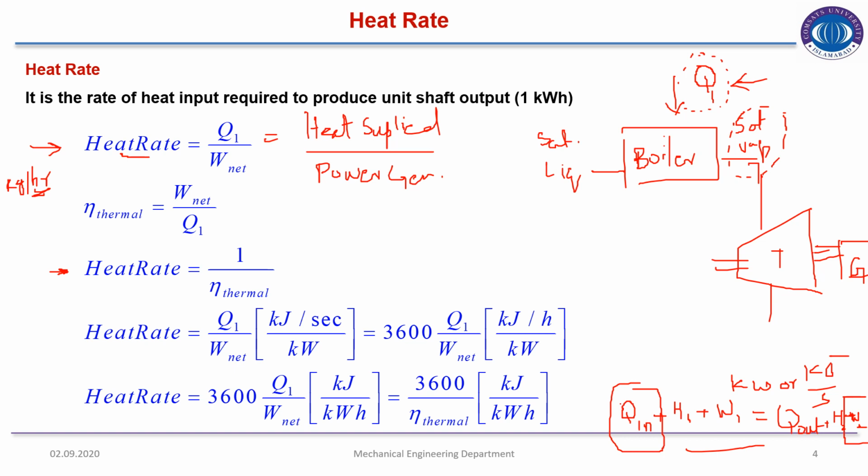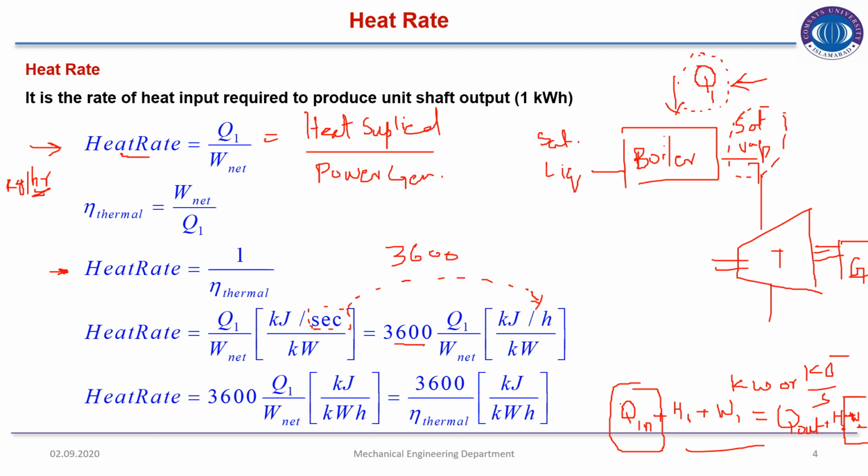So we have to convert that seconds unit into hours. We know that in 1 hour there are 3600 seconds. To convert the amount of heat supplied into kilojoules per hour, we multiply it by 3600.